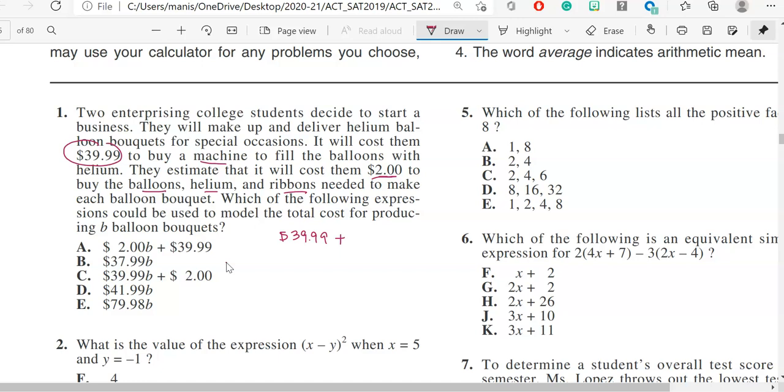So it will be your $39.99, and then afterwards it is your $2 times b. So this is the correct answer for finding the total cost for producing b balloon bouquets.